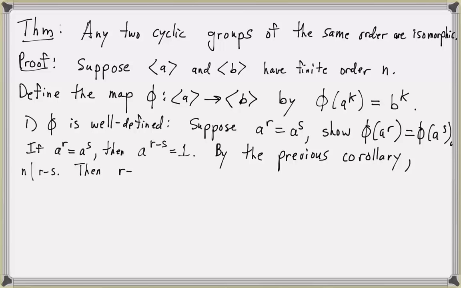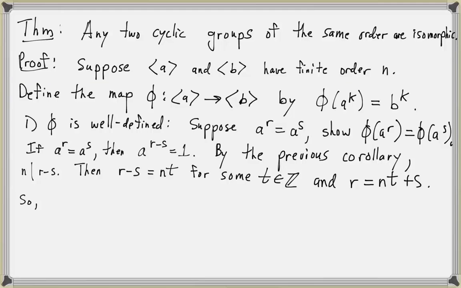Then I can write r minus s as an integer multiple of n for some integer t, and I can write r as n times t plus s. So if I take phi of a to the power r, that's the same as phi of a to the power nt plus s.